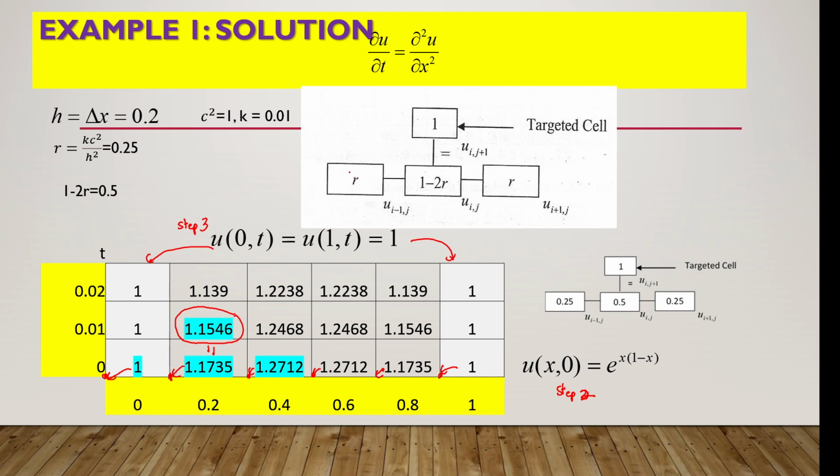You need to know r is 0.25, so the left and right bottom coefficients are 0.25, and 1 minus 2r gives 0.5.